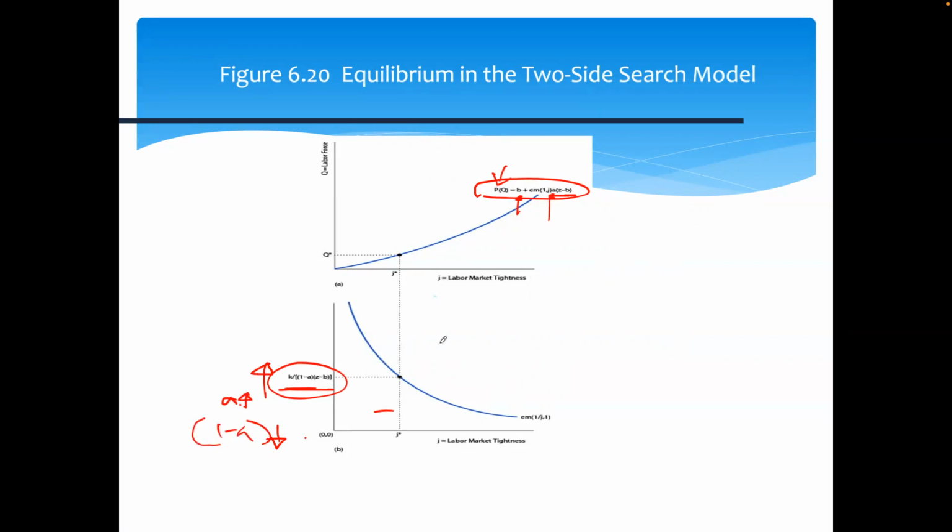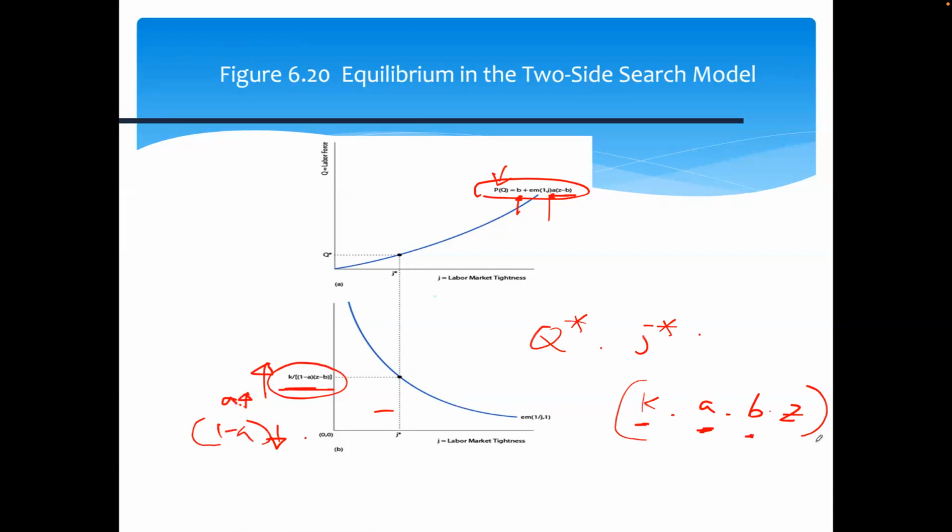All right, to summarize here, so what are we going to have? Basically here we are going to solve the equilibrium Q star and the J star, right? How do we do that? Given K, A, B, and Z, those are exogenous parameters. What is K? It is the cost of posting a vacancy. A is the bargaining power for the worker.